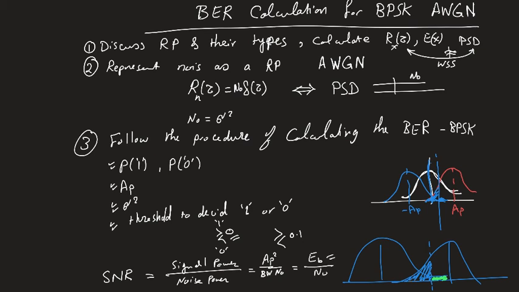So you should be able to represent it this way or that way and understand the relation between them, and calculate the signal to noise ratio for a particular given setup.